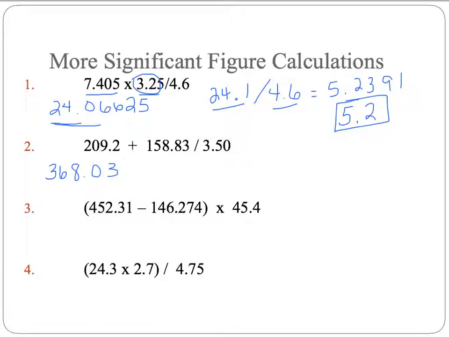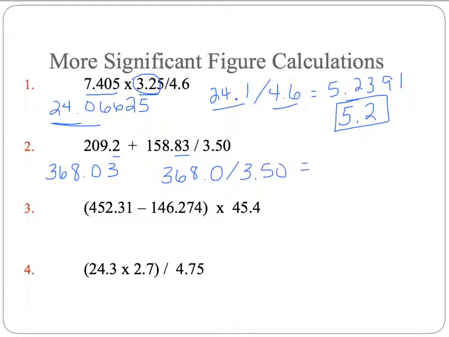So when I add and subtract, I have to look at decimal places. The first number had 1 decimal place, the second one had 2. My answer right now has 2, so I am going to have to round this to 1 decimal place. So that 3 would have to be dropped, and I don't round the 0 up because of that, so it's 368.0.